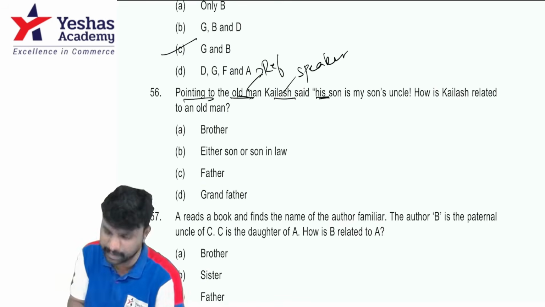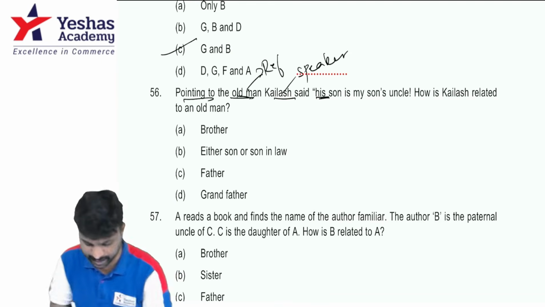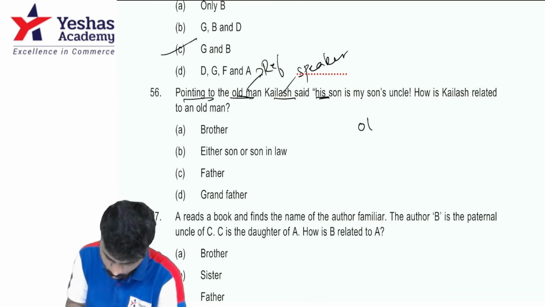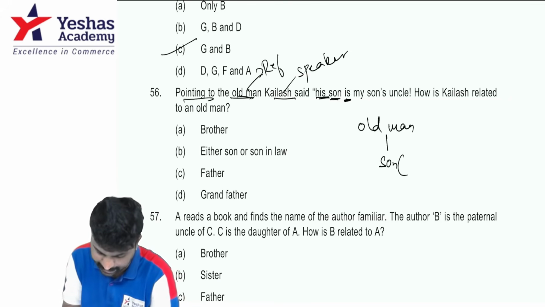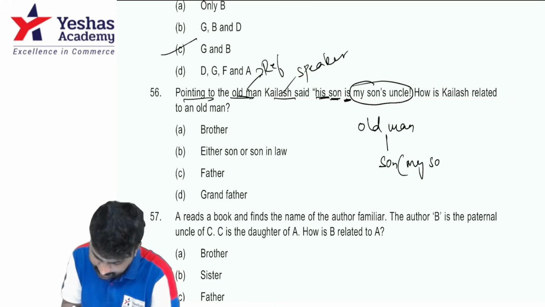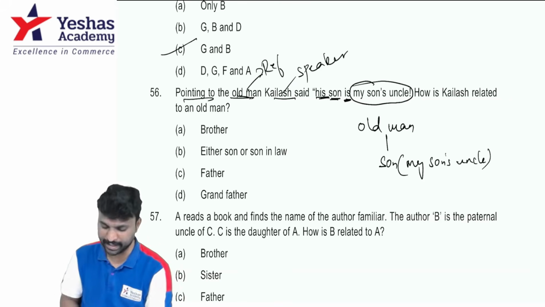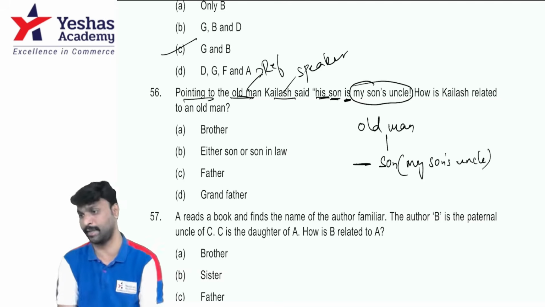First of all, within the quotes, he refers to whom? The reference person. He means old man. Old man, his son should be below. Whatever comes after 'is' must be within the bracket. Is my son's uncle. My son's uncle. So my son's uncle, definitely myself should be in the same generation as that of the son.